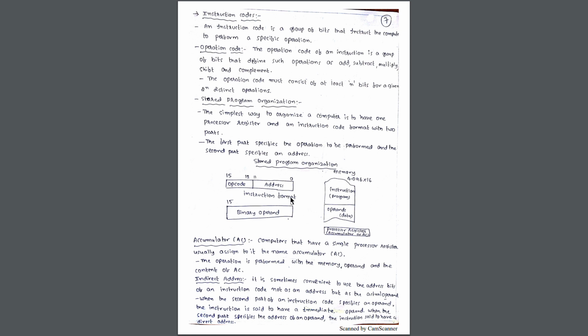That is the instruction format. The first part specifies the operation to be performed and the second part specifies the address. The operation code ranges from 0 to 15 and the address from 0 to 11 in the stored program organization. This is the instruction program and operand data.